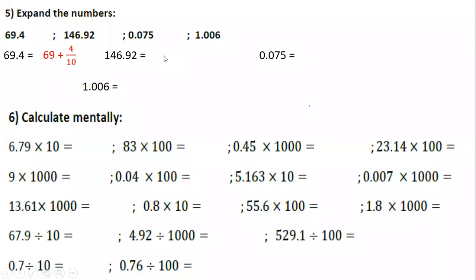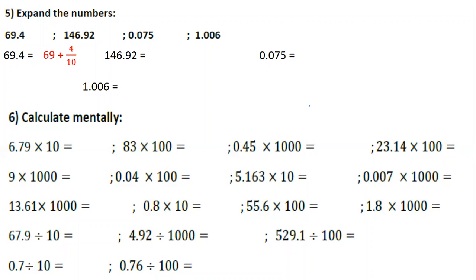146.92. To write it in expanded form, I want to pick... Are you here, Lamar Sufan? Lamar Sufan didn't join the sound. She joined at first, but maybe she has a problem now.